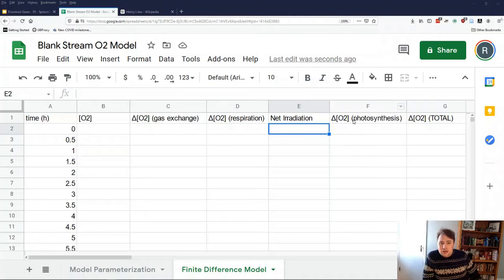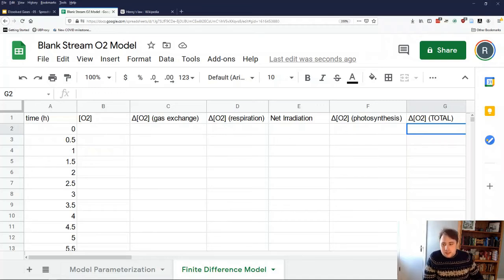Then we have the change in oxygen concentration due to photosynthesis, which we need to base off this net irradiation value that we calculated in this column here. And then finally, we'll just sum columns C, D, and F to arrive at the total change in oxygen, which will then subtract from the current concentration of oxygen to arrive at the concentration of oxygen at our next time step. So let's go through and put in these differential equations.